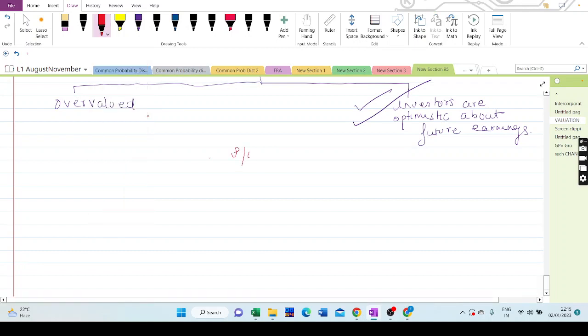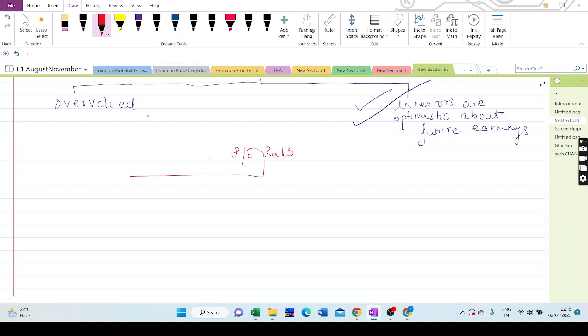Okay, guys. Now there are two kinds of PE ratios that we can calculate. One is your trailing PE, and the other is your forward PE. How do you calculate trailing PE?